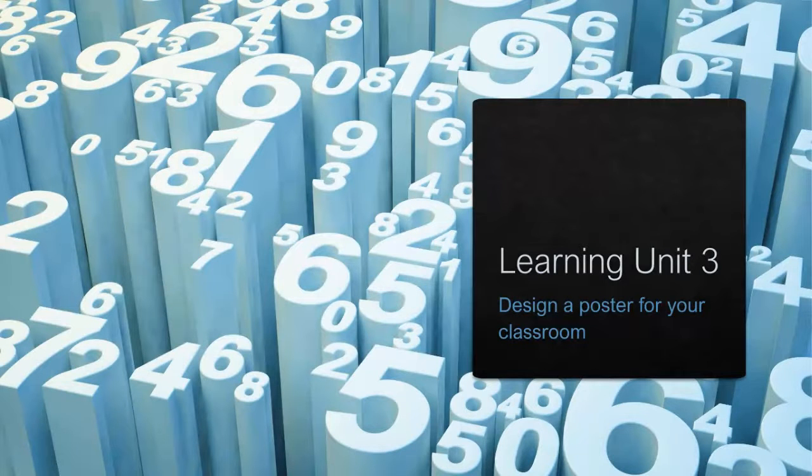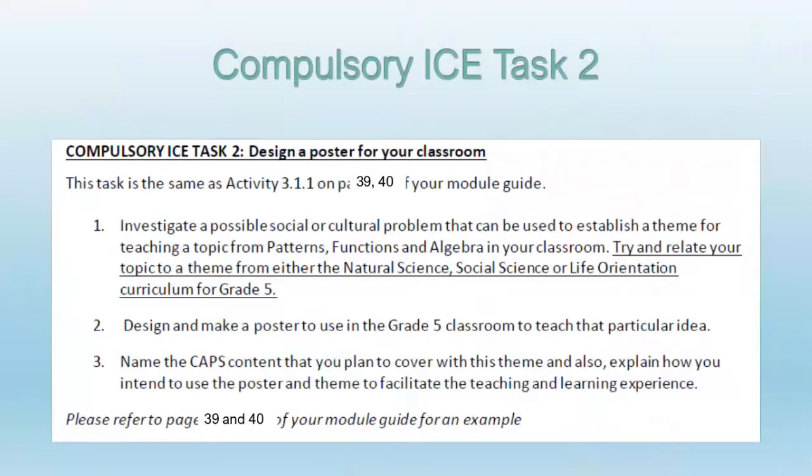All right, so now I'm going to help you with your compulsory ICE task 2, and that is why we have spent so much time on trying to identify the different contexts in which you are going to explain a mathematical problem. Because for your compulsory ICE task 2, which is set in your POE document, you need to investigate a possible social or cultural problem that can be used to establish a theme for teaching a topic from patterns, functions, and algebra in your classroom.